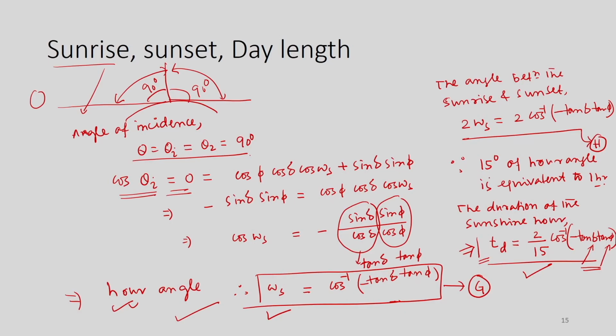Also, we know that 15 degree of hour angle is equivalent to 1 hour. Applying this, we can calculate the duration of the sunshine hour: T d is equal to 2 by 15 cos inverse of minus tan delta multiplied by tan phi.